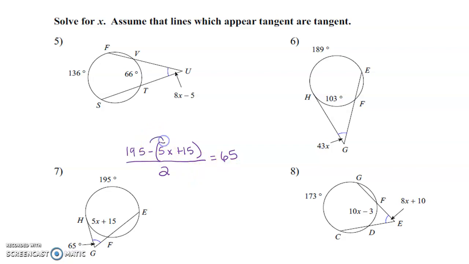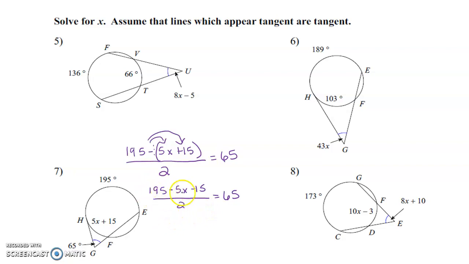First thing I need to do is distribute this -1 before I drop my parentheses. Remember, that's a -1, so I have 195 minus 5x minus 15 divided by 2 equals my 65. Okay, I'm going to multiply both sides by 2, and I'm going to combine my like terms.